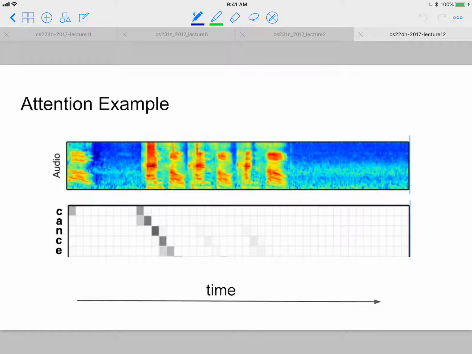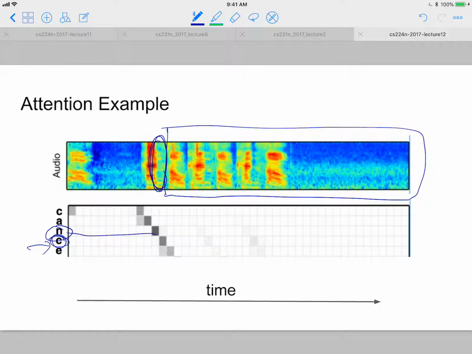Suppose we attended at this point when generating this, and then we have to generate the next time step's token as a decoding output. In that case, all the relevant information exists only in the later part of the input sequence. It may not be the case that we look back, right? So there is no reverse direction of these attentions. It is always like this direction.